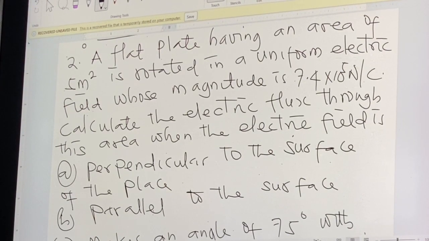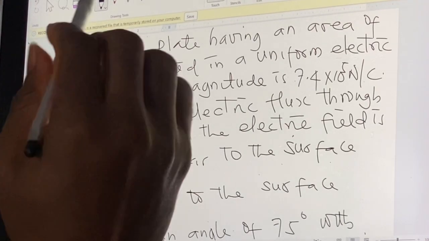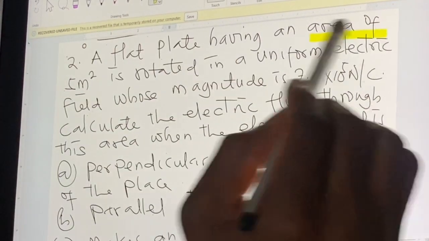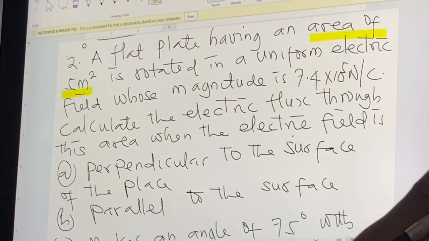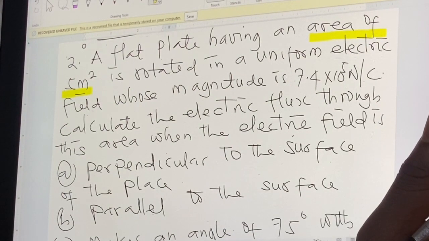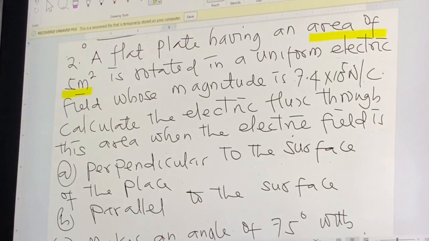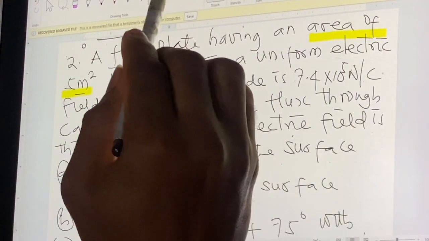And the question said a flat plate having an area of 5 meters square is rotated in a uniform electric field whose magnitude is 7.4 times 10 raised to the power 5 Newton per coulomb.